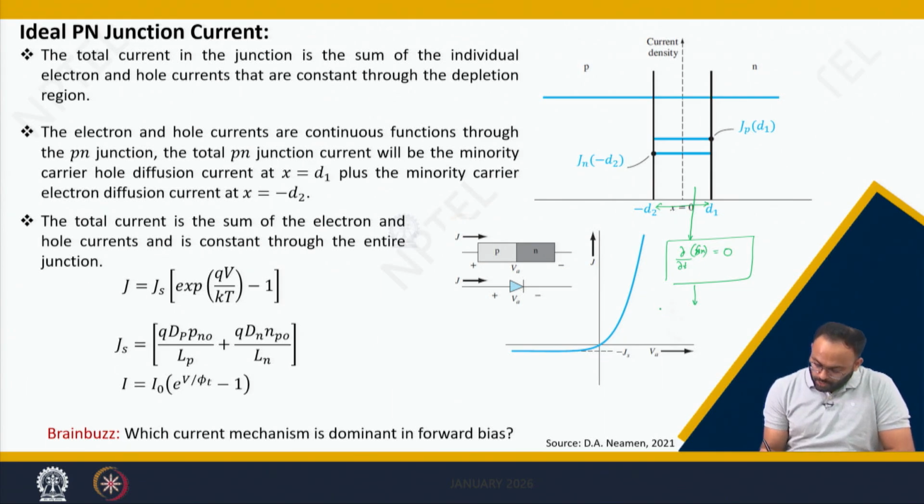In addition, we need to use low level injection. Low level injection says the excess carriers generated in the semiconductor should be less than approximately 10 times the majority carriers.